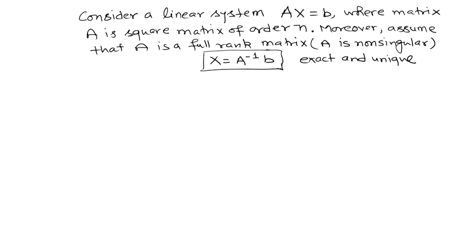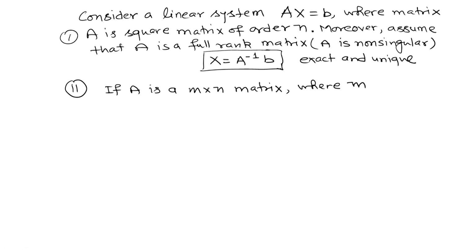Now, this is my first case. Second case: if A is not square, if A is an m by n matrix, meaning the coefficient matrix has a rectangular shape where m is greater than n.